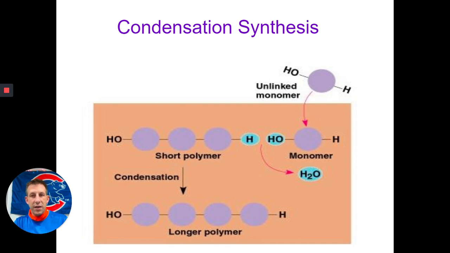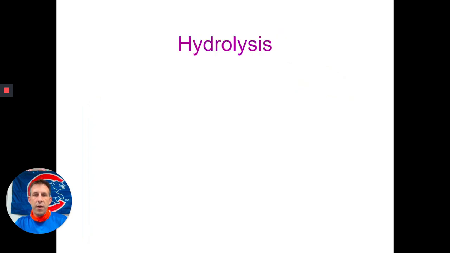So condensation synthesis or dehydration synthesis reactions are ones that build polymers from monomers, and they do this by the removal of the water molecule from ultimately both constituent parts.